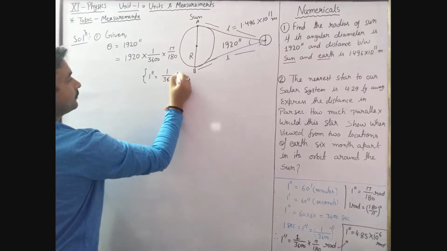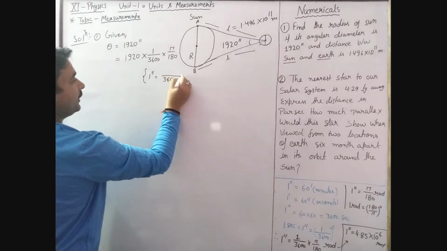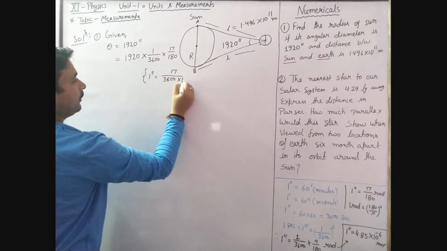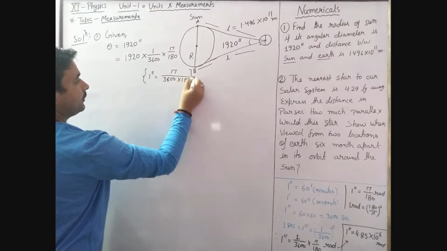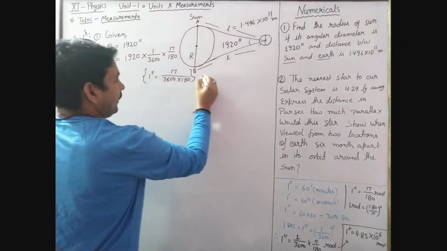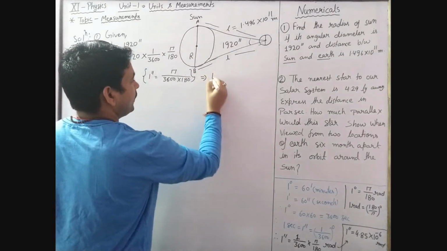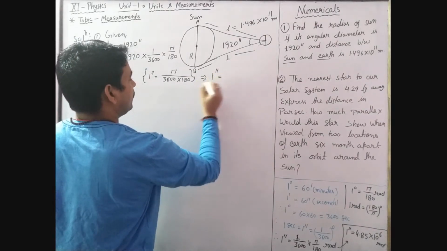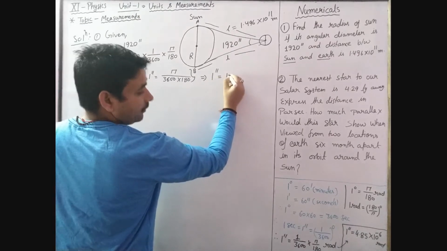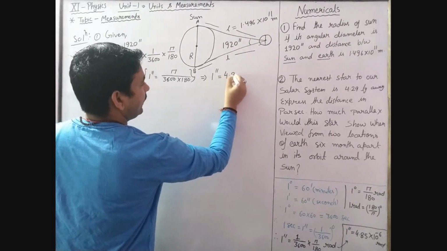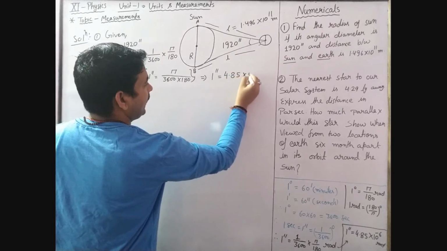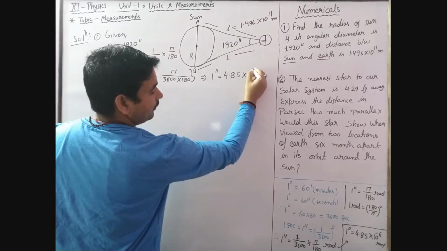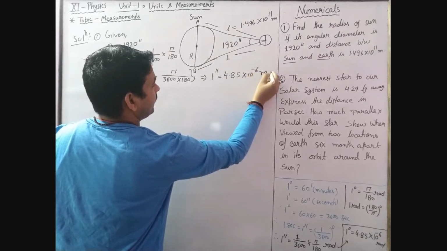Now I will just tell you here, 1 second is also equal to 4.85 into 10 to the power minus 6 radian.